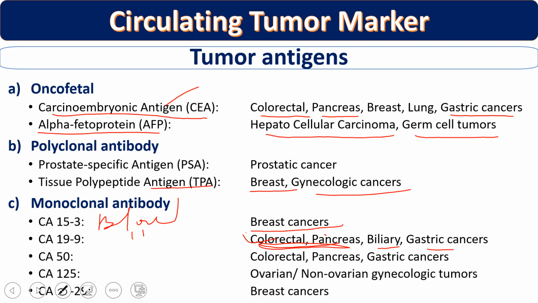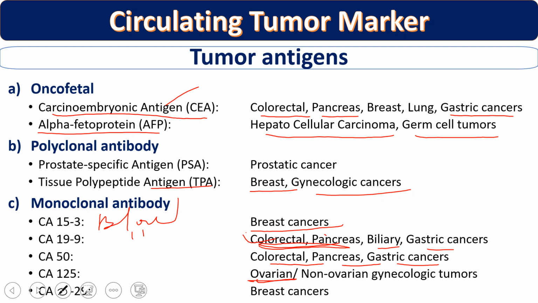Third one is CA50, which is related to colorectal cancer, pancreatic cancer, and gastric cancers, and again we take a blood sample. CA125 is specific for ovarian cancer, and here also we take a blood sample.